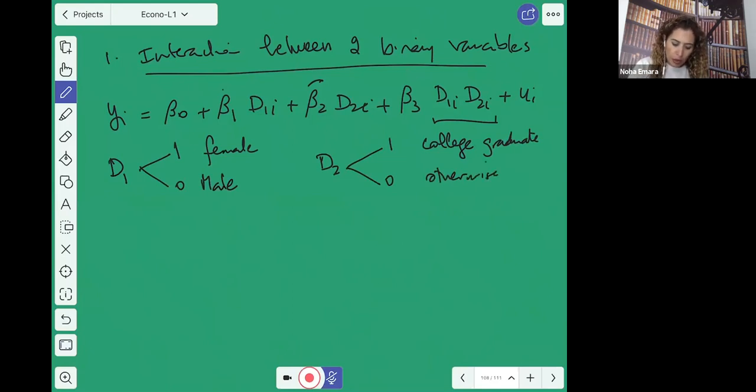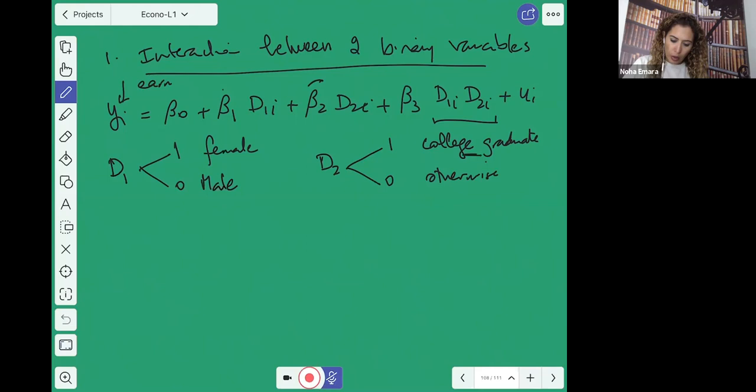Now we need to analyze the following. I forgot to mention that y is earnings, or log earnings. So this is how much they earn.